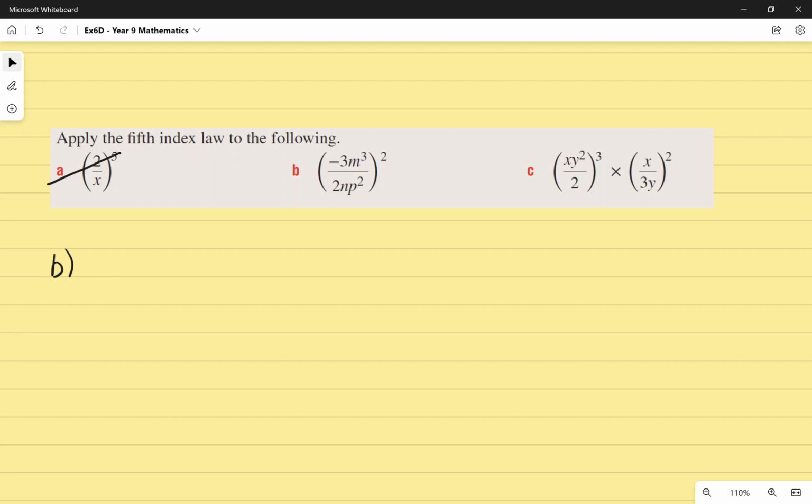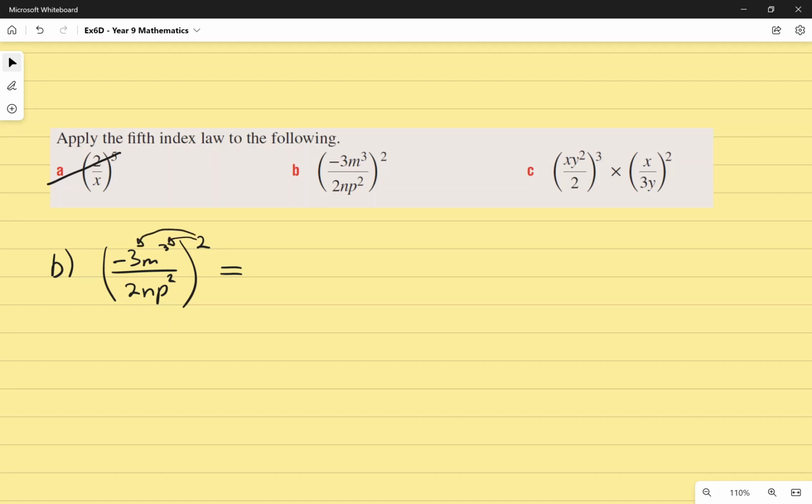So we have -3m cubed on 2np squared, all in brackets, to the power of 2. So when we do this, remember it's the same as writing -3m cubed multiplied by -3m cubed on the numerator. So we just bring that 2 in, so it comes in here, and it comes in here.